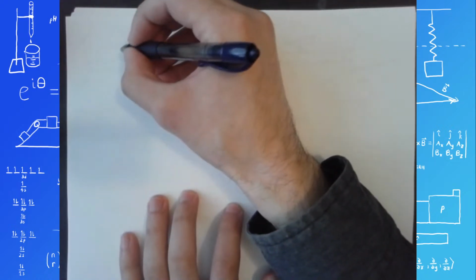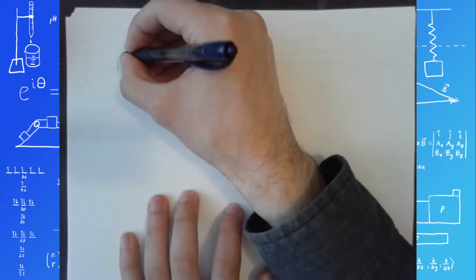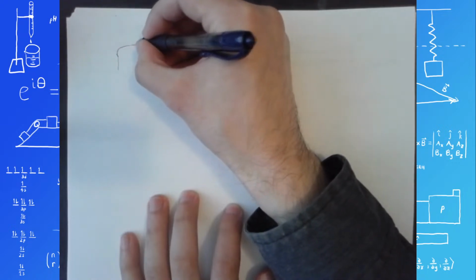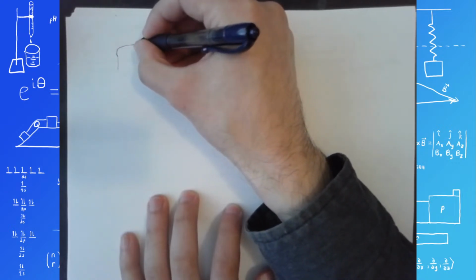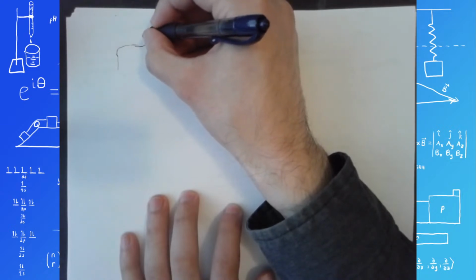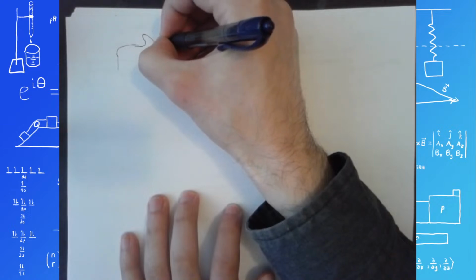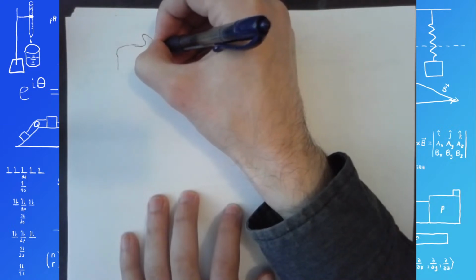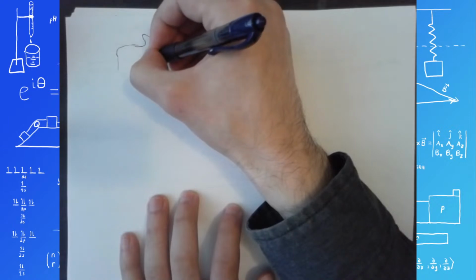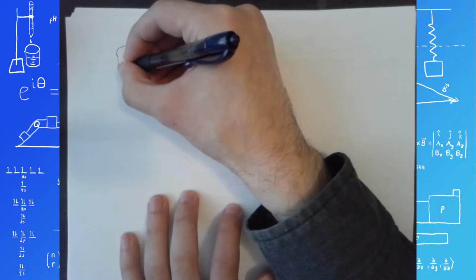So we have a horse. Let's see how well I can draw this horse. It's been a while. It's looking like a dinosaur so far. Do I need to draw it perfectly?